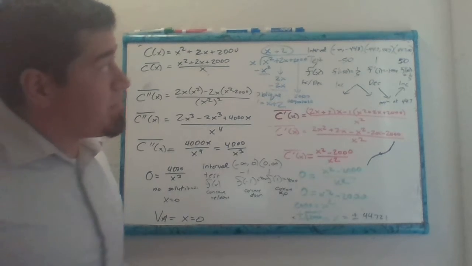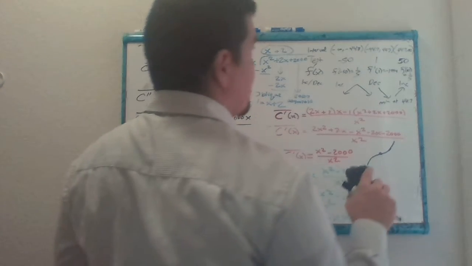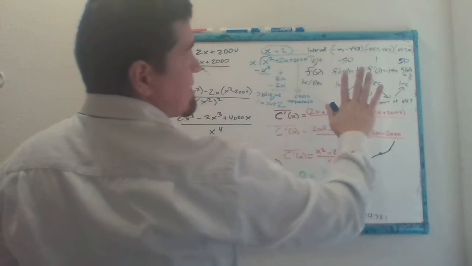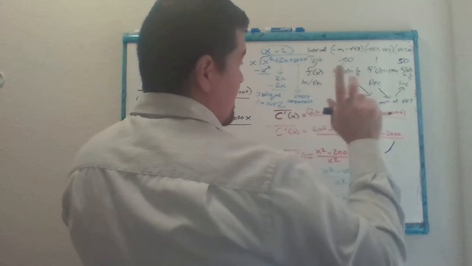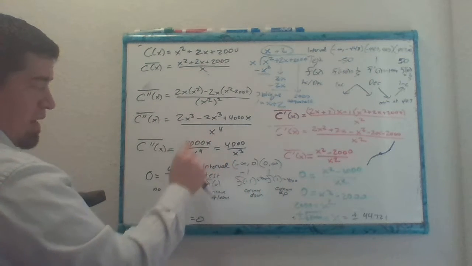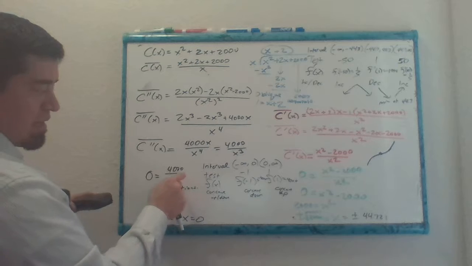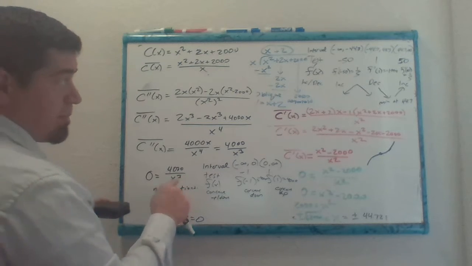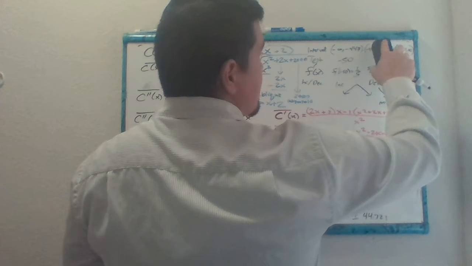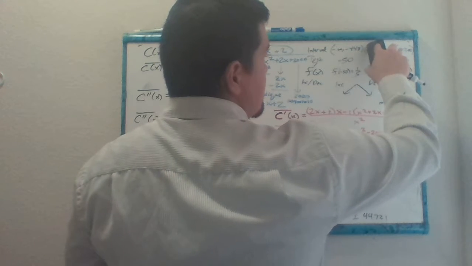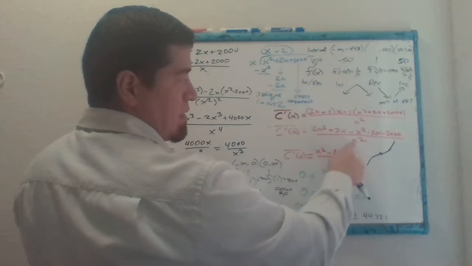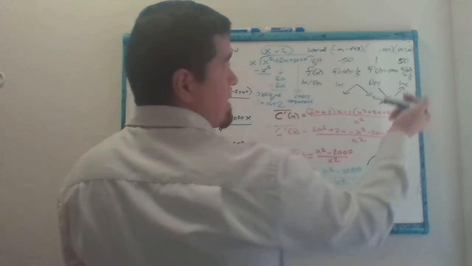On that note, I did miss one interval here, but it doesn't matter too much, though I think it's important to talk about. Like what I said here, not only are you solving for the top, you're also solving for anything that makes the denominator equal 0. So I would have to change this interval to end at 0, because this has a point at 0.